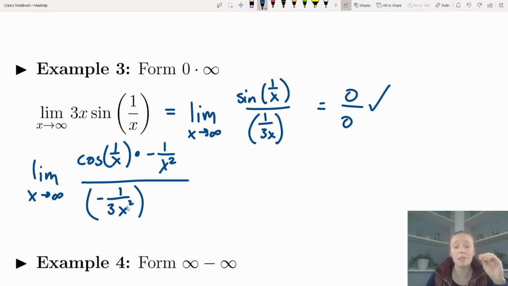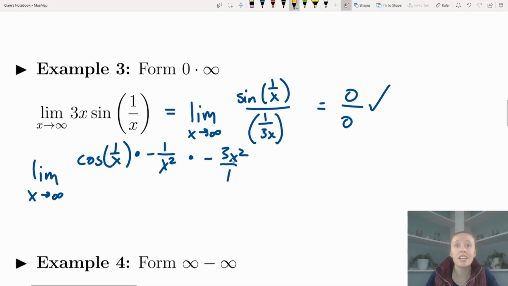So as opposed to dividing by a negative 1 over 3x squared, I'm going to multiply by a negative 3x squared. And you can write that as a fraction over 1, if you like to keep it in fraction form. Otherwise, it's just negative 3x squared. And you can see that x squared cancels out with x squared. This negative times the negative will be a positive.